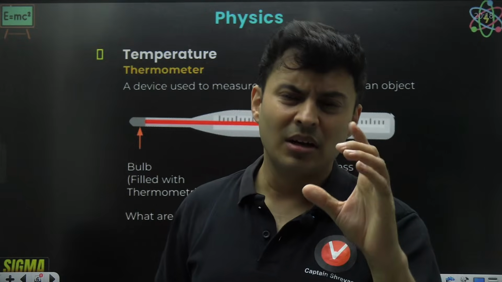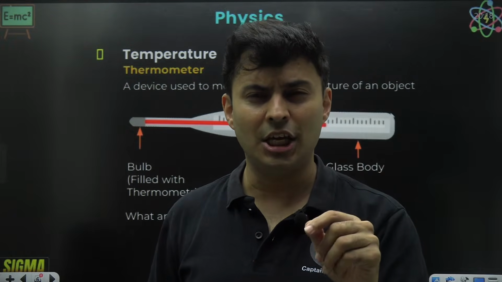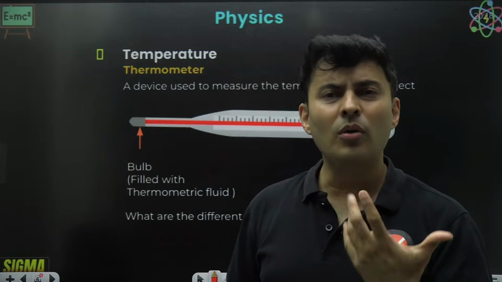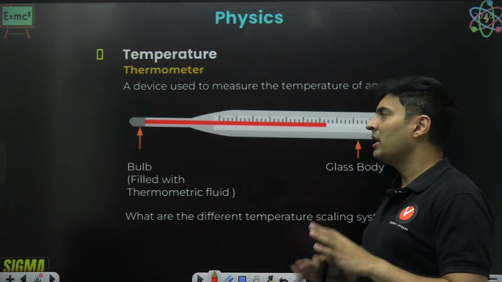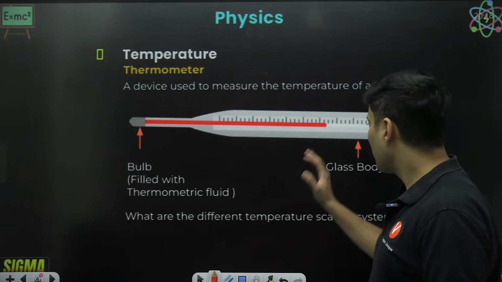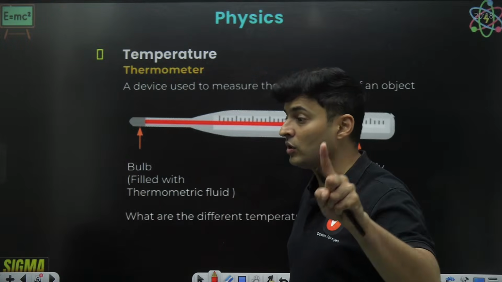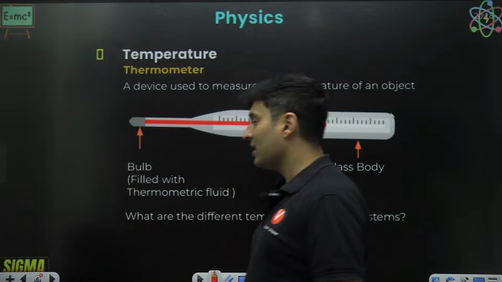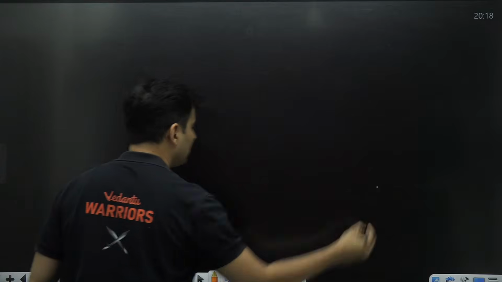Then you have devices whose conductivity will change based on the temperature. So many devices are there which can measure temperature, but one of the most commonly used devices is the thermometer. It's a very interesting thing. And how a thermometer works is on the basis of something called the zeroth law of thermodynamics. Now you'll be like, what the hell is the zeroth law of thermodynamics?